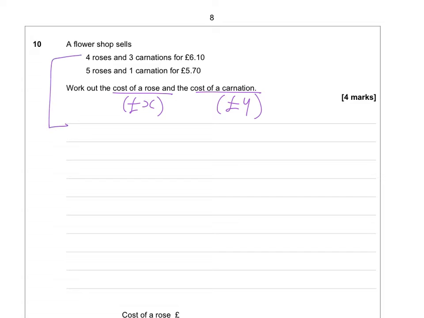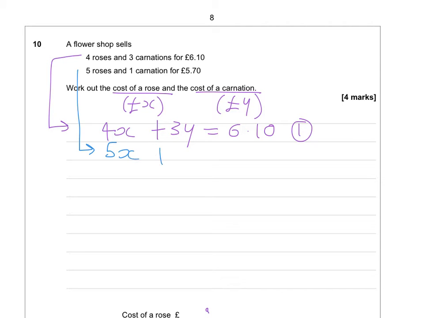Now, taking each of these pieces of information in turn, 4 roses, so 4 multiplied by the cost of a rose, plus 3 multiplied by the cost of a carnation, equals £6.10. This is equation number 1. If we take the second piece of information, we can generate another equation, 5x plus y equals £5.70, equation 2. We have a pair of simultaneous equations.